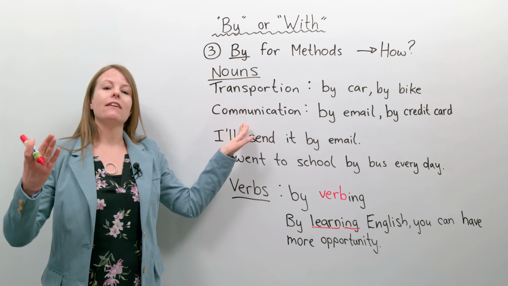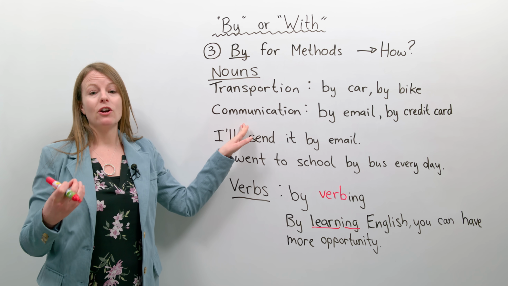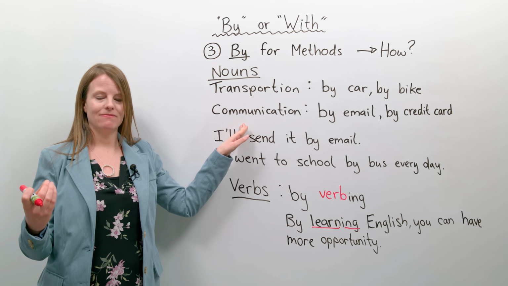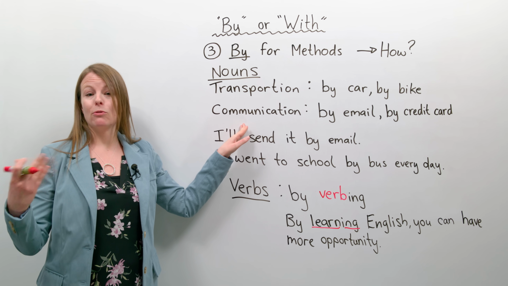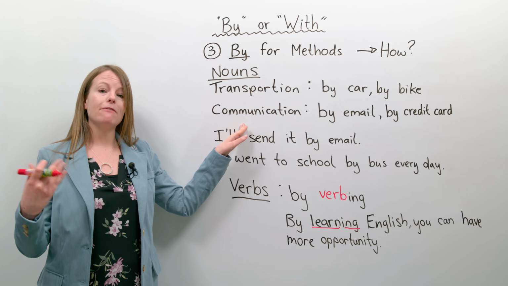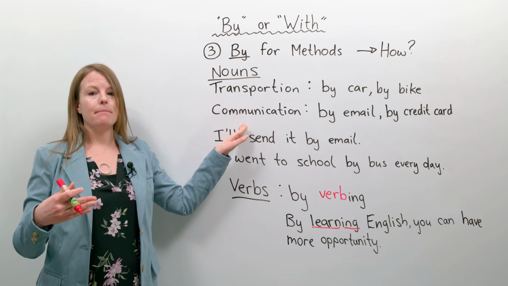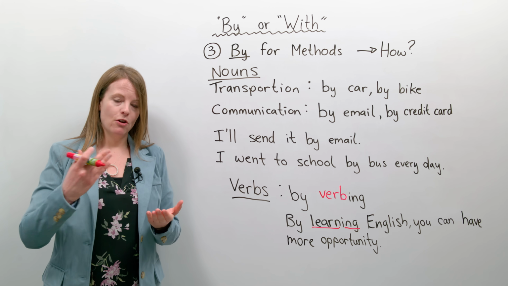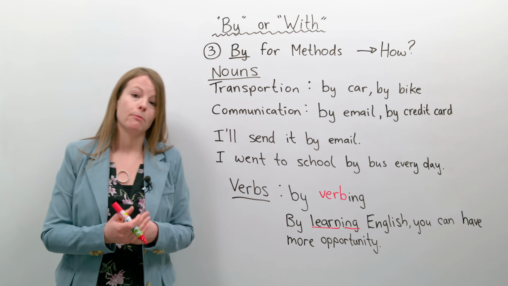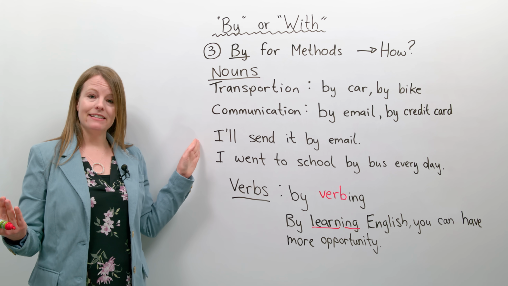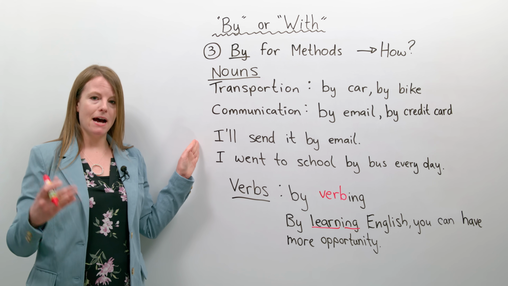We also use by a lot when we're talking about communication, the method of communication. So we use it a lot with the word email, by email, by phone, by chat. Here's an example. I'll send it, how? By email.